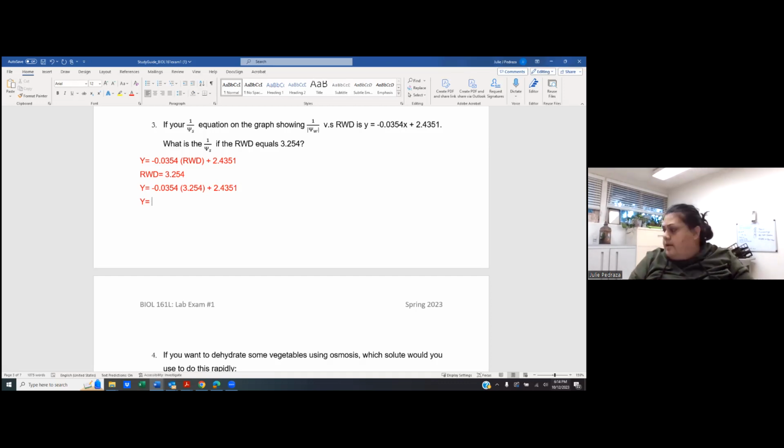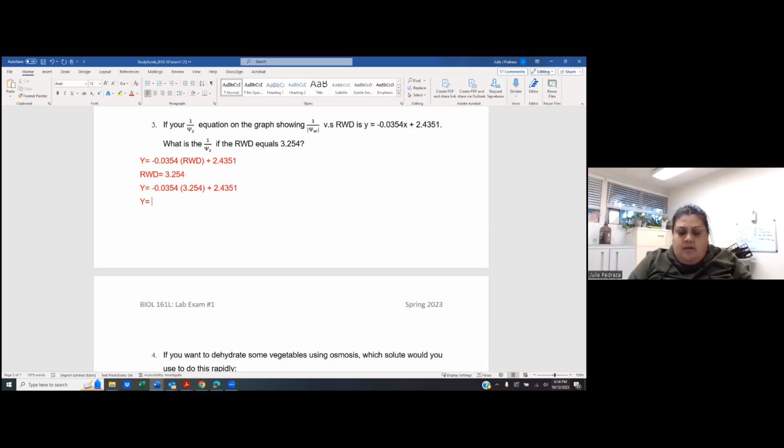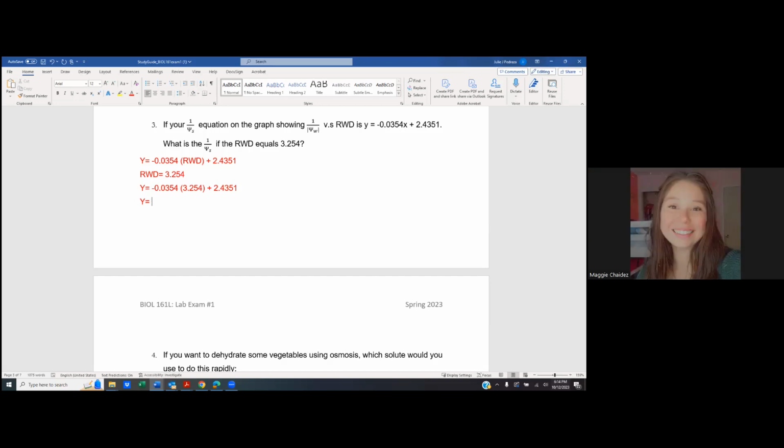Okay. Let's see. Somebody has 2.319. Are they correct? I haven't solved it yet. That's what I got. Is that what the consensus got? Yes. Okay.